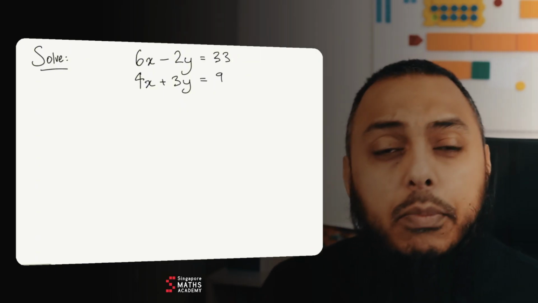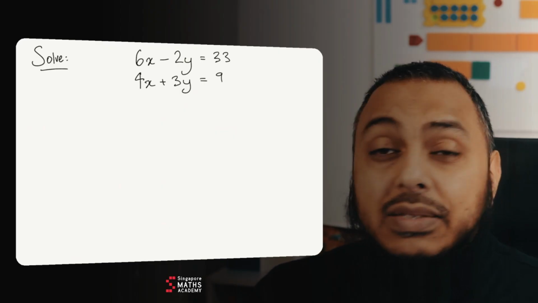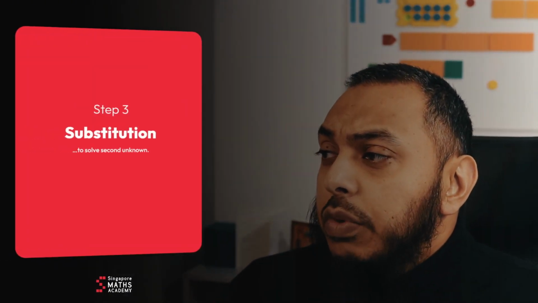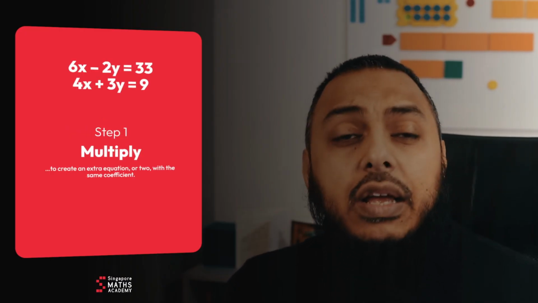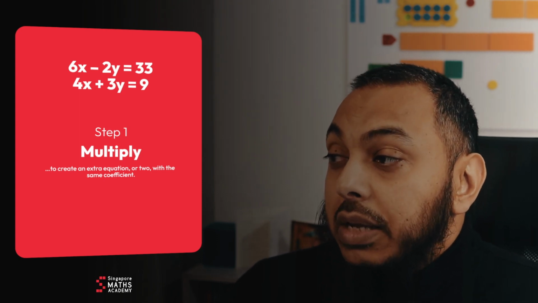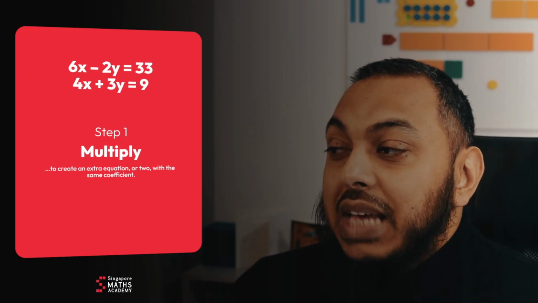Now, when it comes to a bit more complicated questions like this, we need to do one or two extra steps. So let's have a quick think about that. So we've substituted and we've solved the previous one. Now we've got these simultaneous equations we're going to look at. The first step it says here is to multiply, to create an extra equation or two with the same coefficient.